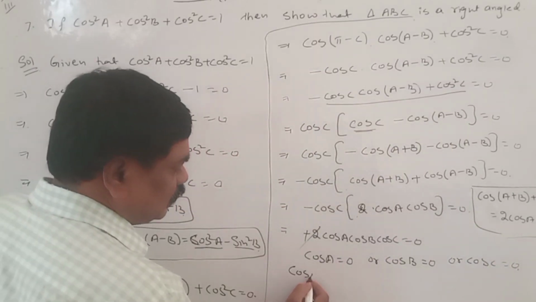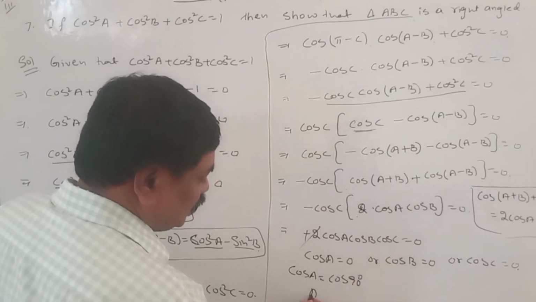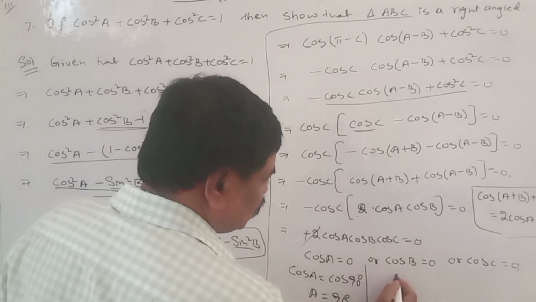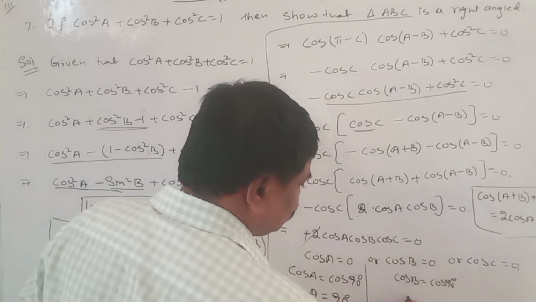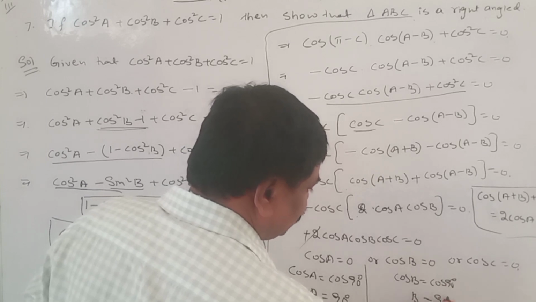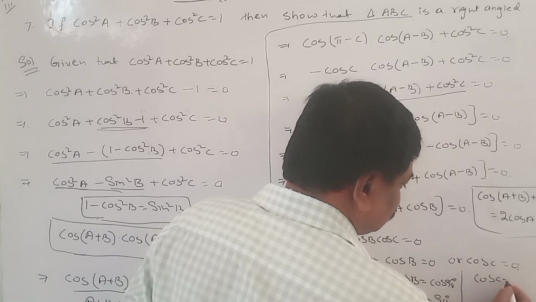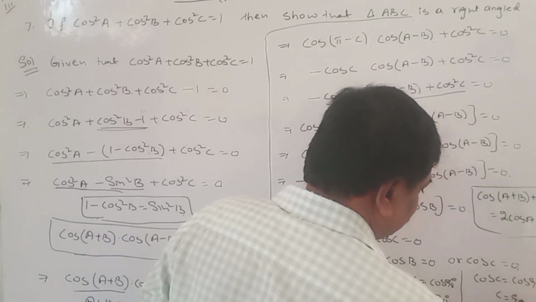Cos A is equal to cos 90 degrees. That means A is equal to 90 degrees, or cos B is equal to cos 90 degrees, B is equal to 90 degrees, or cos C is equal to cos 90 degrees, C is equal to 90 degrees.